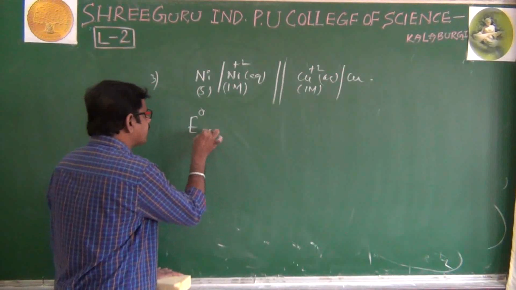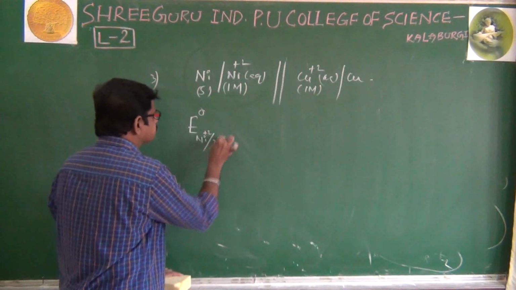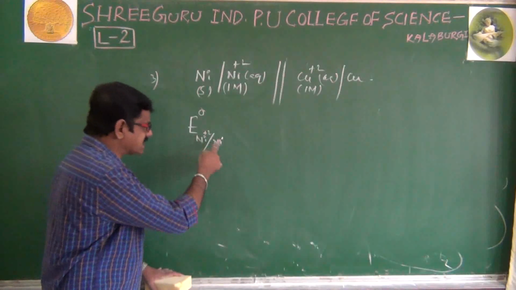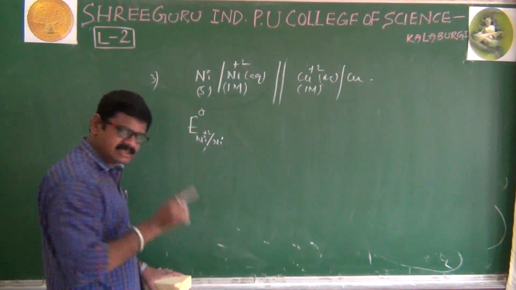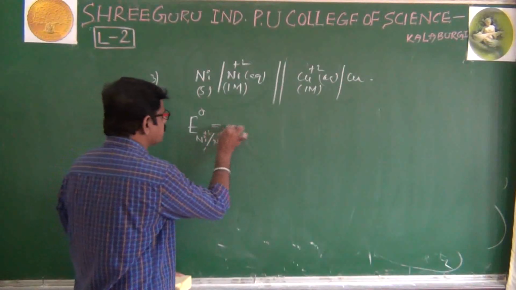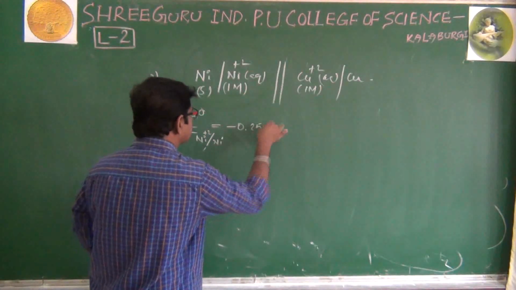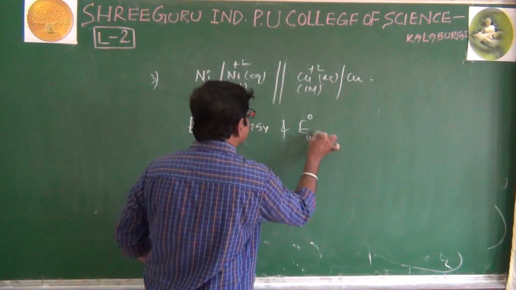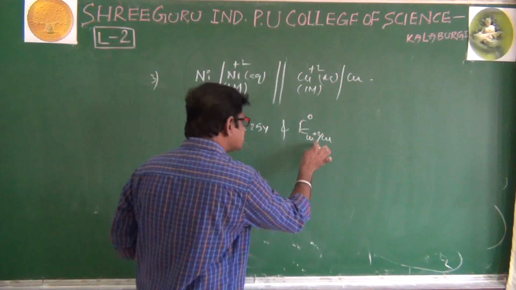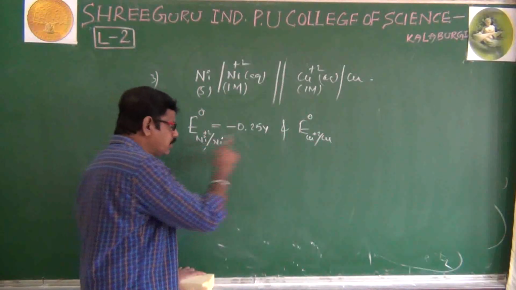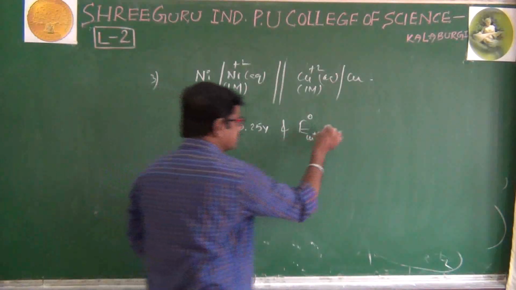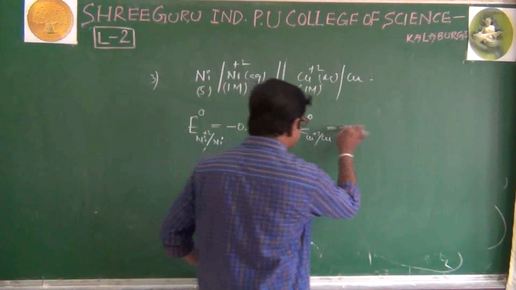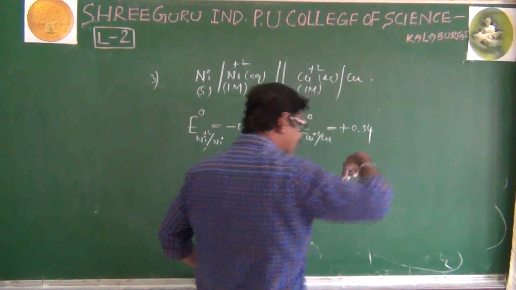E naught Ni plus 2 oblique Ni, where Ni plus 2 has converted to Ni, nothing but a reduction symbol, is equal to minus 0.25 volts, and E naught Cu plus 2 oblique Cu is also a reduction symbol. Both are standard reduction potentials only, plus 0.34.